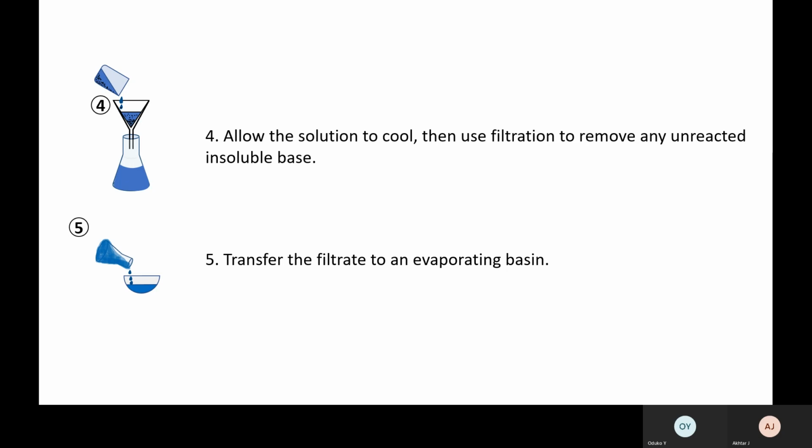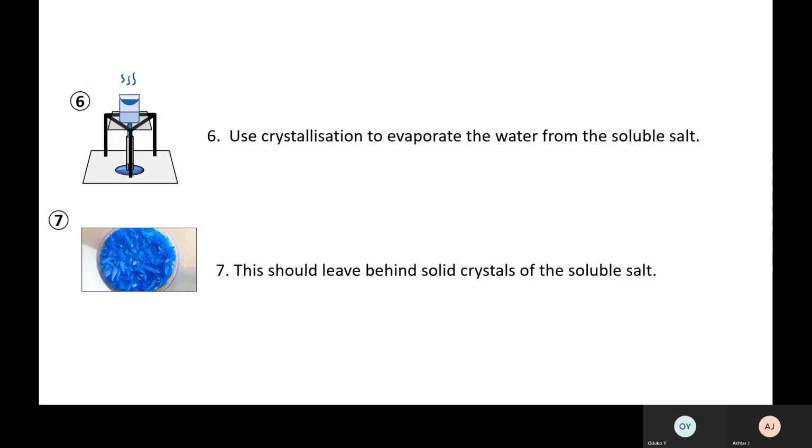Or you could speed it up even more by gently heating that evaporating dish over a Bunsen burner, obviously with a gauze and tripod, and you want to gently evaporate the water. So you're going to place it over a beaker half filled with water, and that essentially is going to crystallize, and you'd get left behind with these bright blue crystals of copper sulfate.